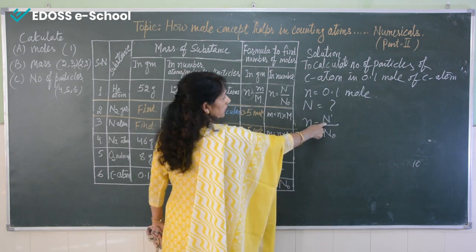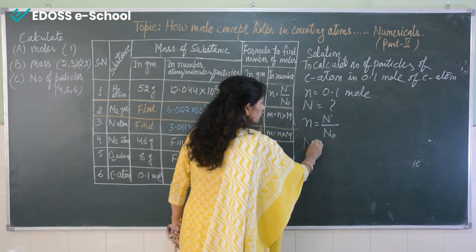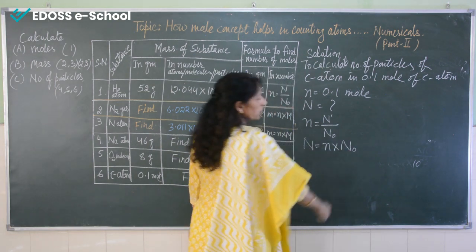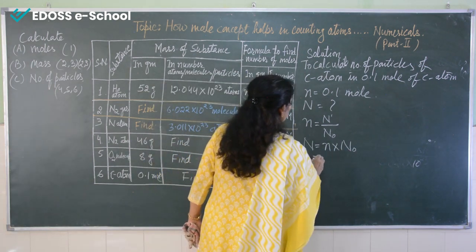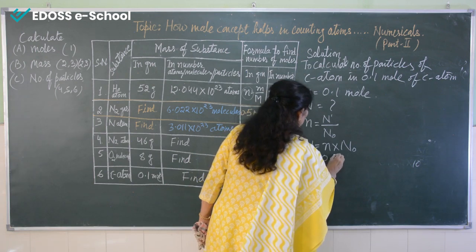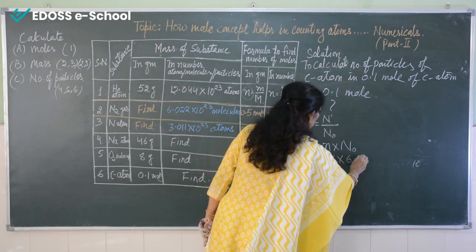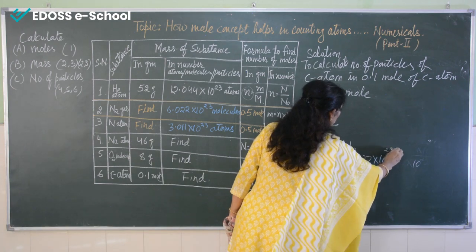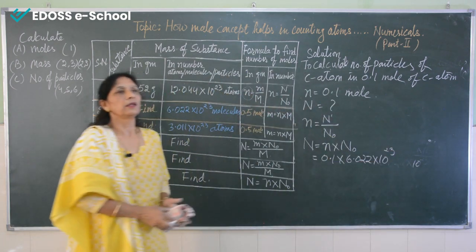So here N will come, so N is equal to n into Avogadro number. So n is 0.1 and this is 6.022 into 10 raised to power 23. Now we can calculate it.